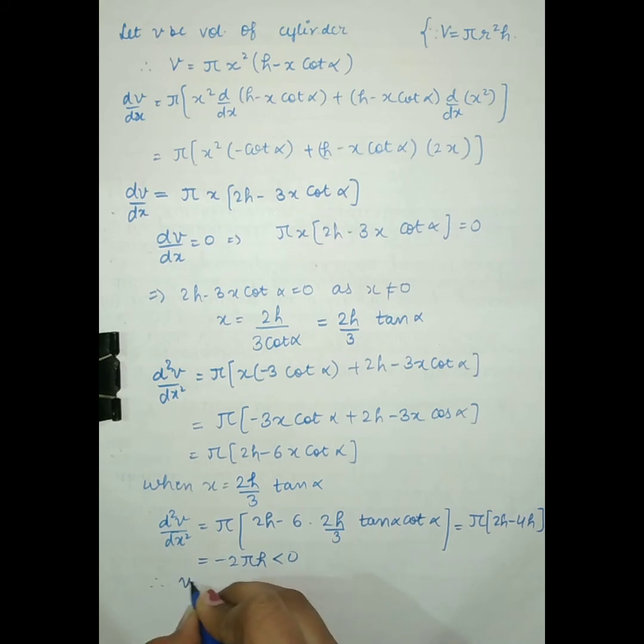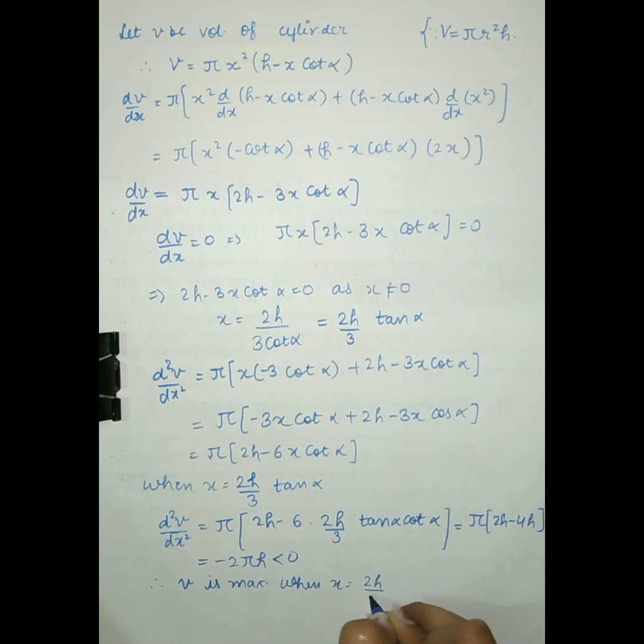So therefore V is maximum when x is equal to 2h tan alpha upon 3. So therefore y will be equal to h minus x cot alpha.